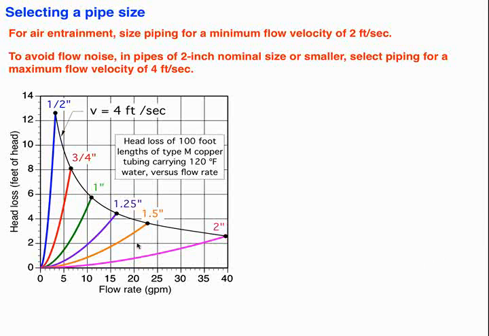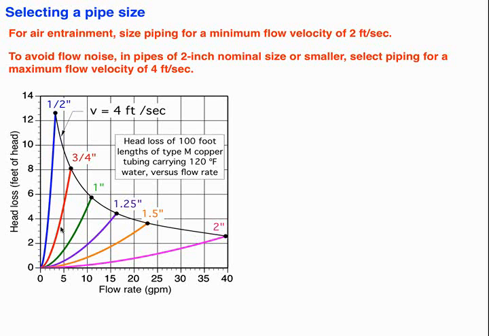The graph that's here shows you head loss versus flow rate for several smaller tubes from 1/2 inch all the way up to 2 inch, and this is for type M copper. We're going to get into the head loss part of it in a minute, but I want you to notice this black curve. That shows you the condition at which each of those tubes has a flow velocity of 4 feet per second.